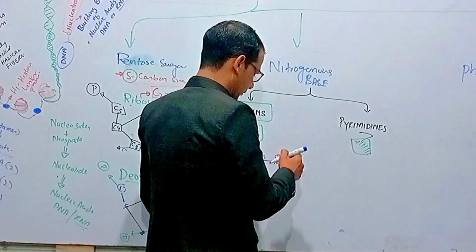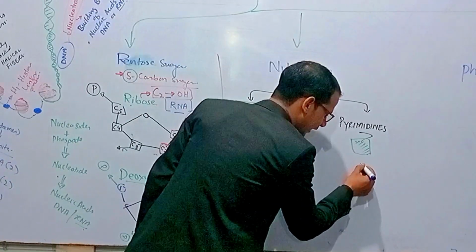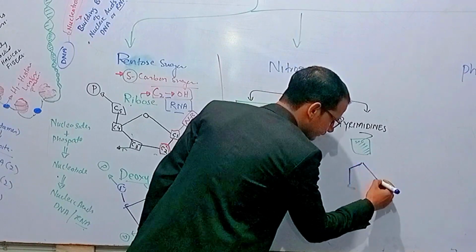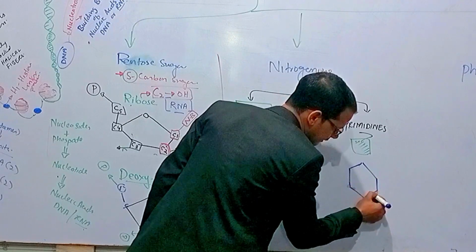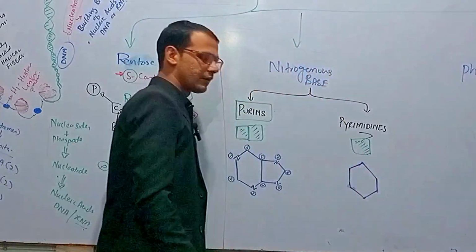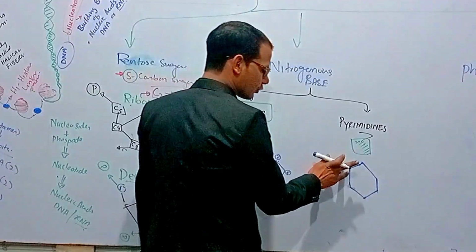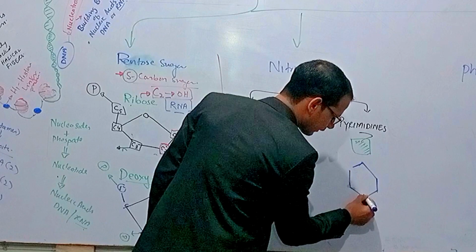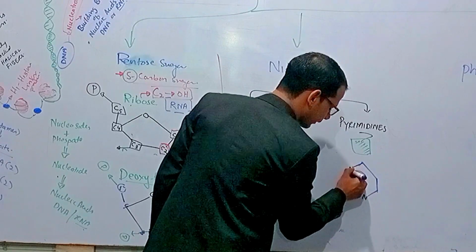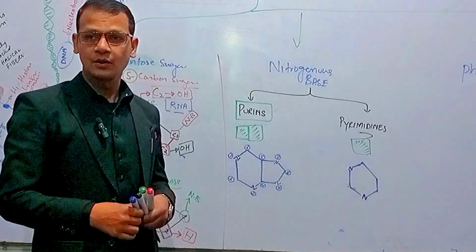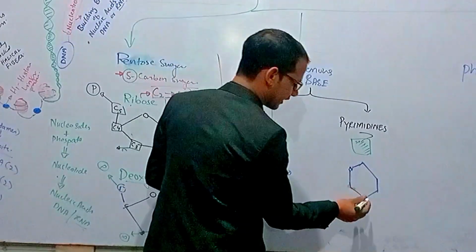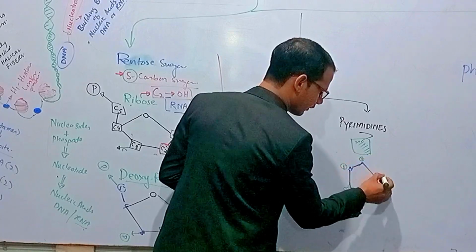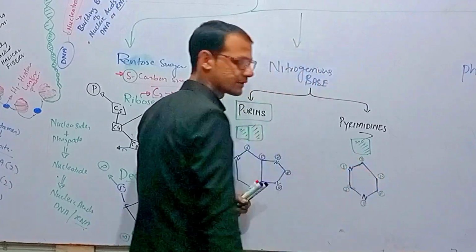In pyrimidines, one benzene ring, an aromatic ring of 6 carbons, is present, right? Here the nitrogen positions are shown, but here we count clockwise 1 2 3 4 5 6.